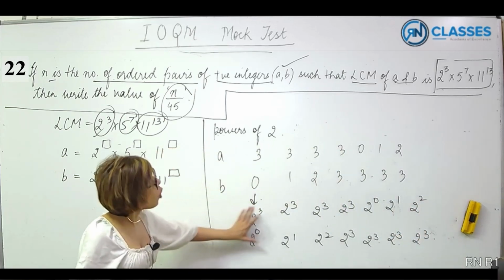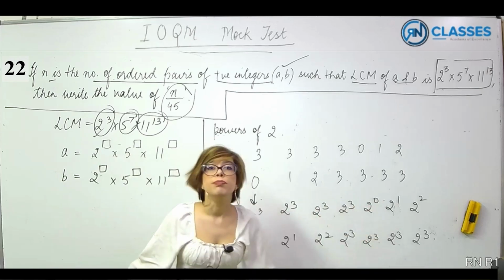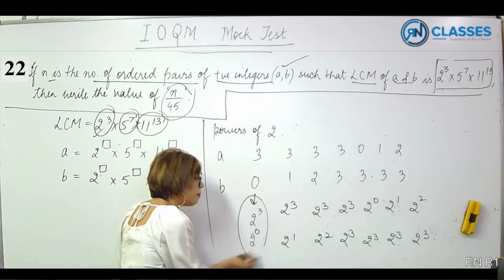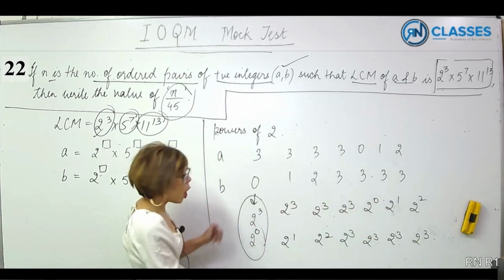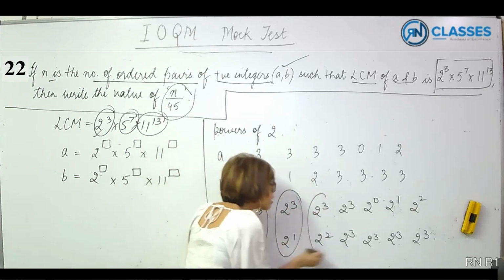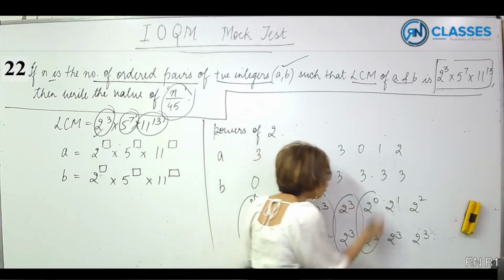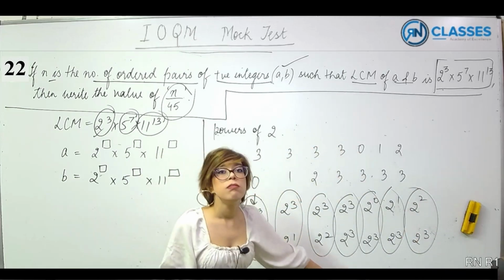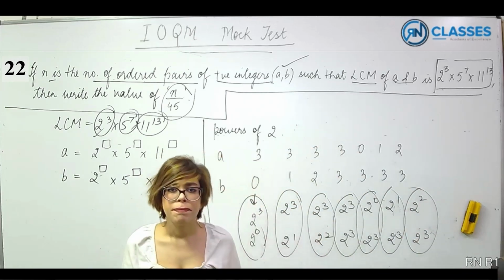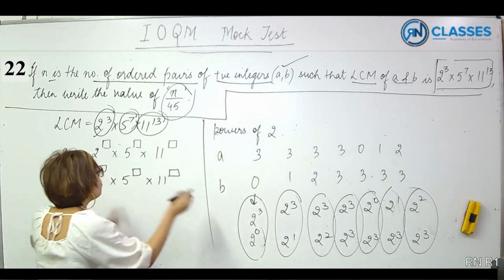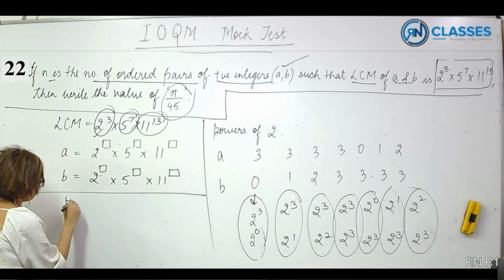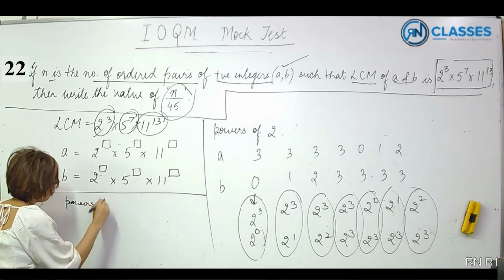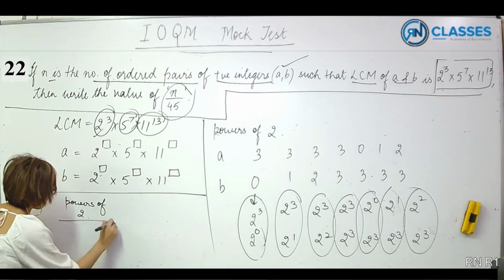That means these are the corresponding powers of the 2. Now, either this will happen, or this will happen, or this, or this, or this, or this, or this. That means among these 7, there has to be one possibility. Right? So first I need to talk about powers of 2. How many possibilities do I have? I have 7 possibilities.